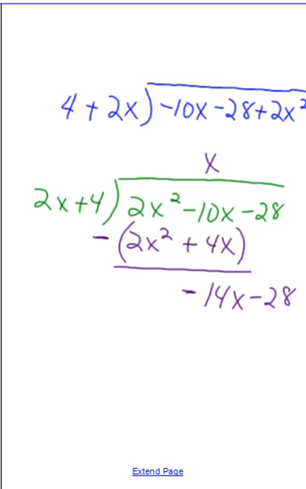Now, what times 2x equals negative 14x? Okay. 7x. Just negative 7, right? Not negative 7x, just negative 7. Wait, why? No, it's positive 7. You have to subtract.